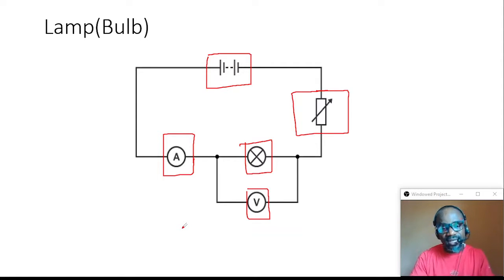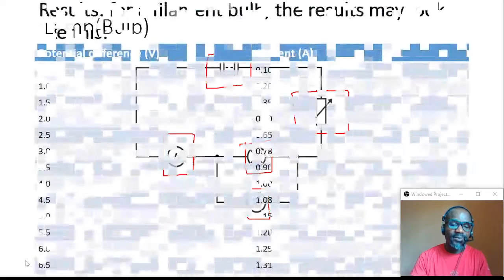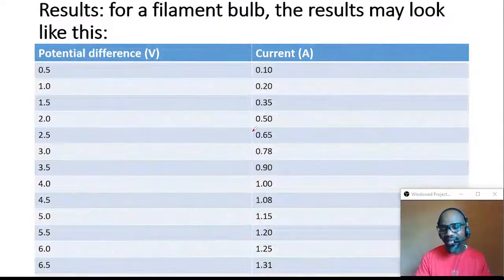Having said that, let's move to the next slide that has to do with values obtained. Like I said earlier, the values obtained from the voltmeter, that is the potential difference across the two terminals, are 0.5, 1, 1.5, 2.0, 2.5, 3.0, 3.5, 4.0, 4.5, 5.0, 5.5, 6.0, 6.5, and so on.